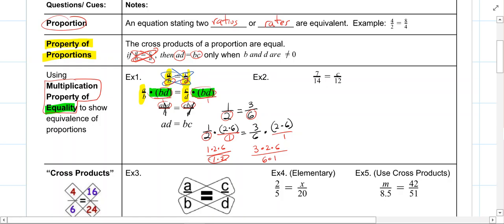All right, so what do I have in common here? 1 divided by 1 is 1, and 2 divided by 2 is 1. So you can see I just have 6 over here. And over here, 6 divided by 6 is 1. And 3 times 2 is 6, and 6 divided by this one on the bottom is also 6. See how they're equal to each other?